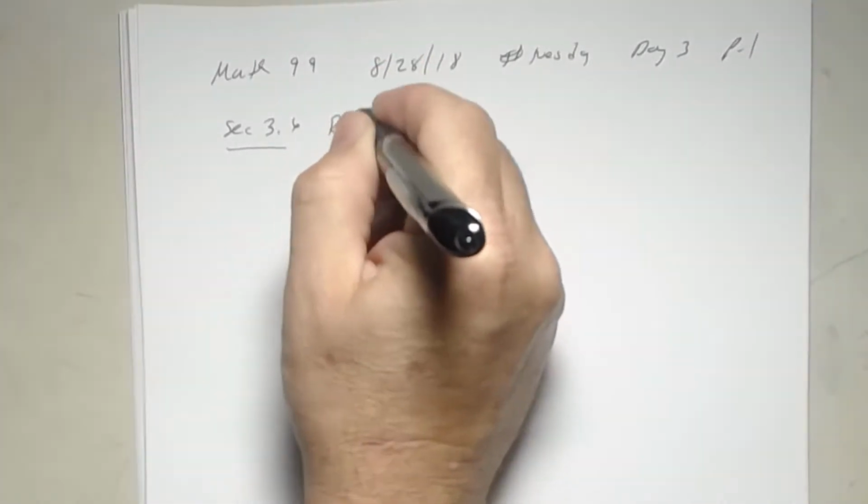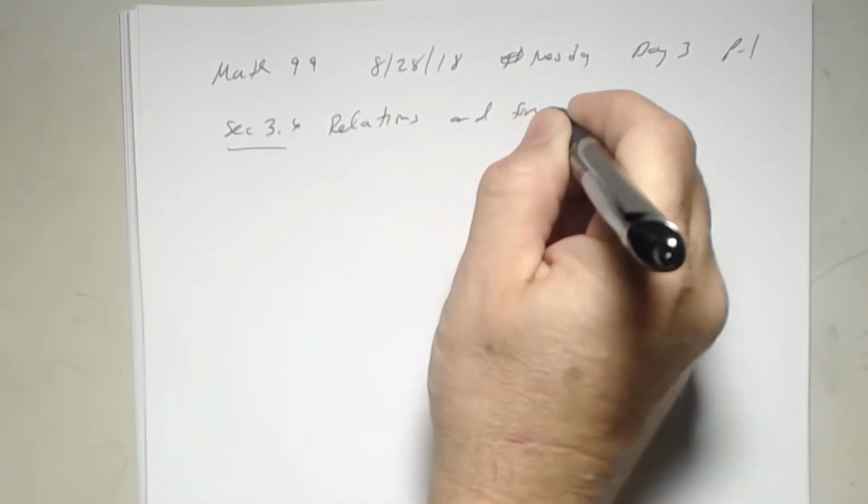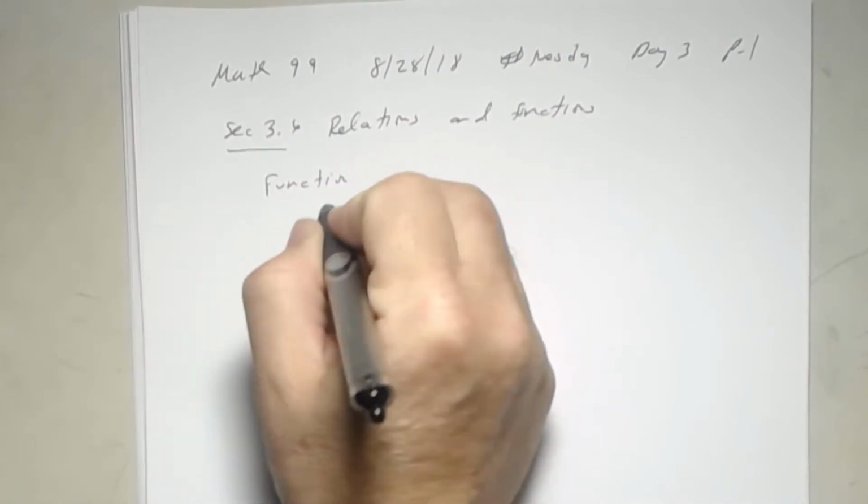All right, so section 3.6 is where they were talking about relations and functions. And so, remember, a relation is a set of ordered pairs, and what's the definition of a function? It's a special kind of relation.